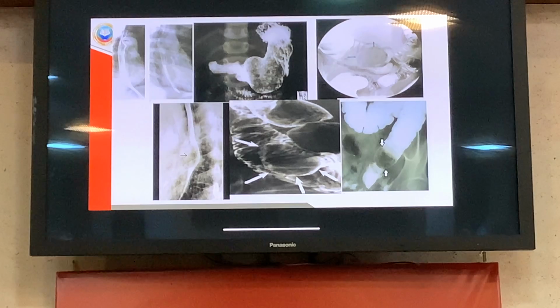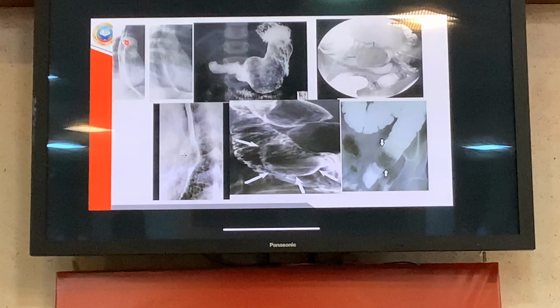If we look at this picture, is there any filling defect? Yes. What do you suggest, is this from outside or from inside? Out. Okay. Is there any filling defect? The stomach is filled by a large filling defect. All of these are filling defects.